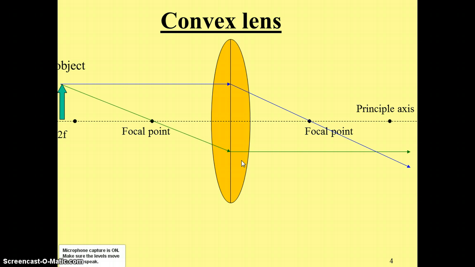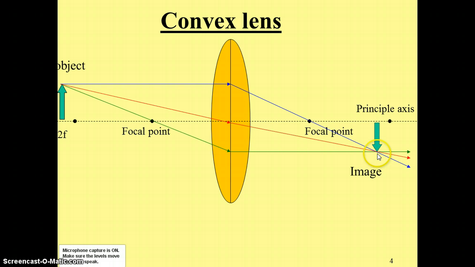Now with lenses, if you ever send a light ray at the very center of the lens, it will continue straight through. And notice that all three of these will meet at the same exact location, and we wind up getting an image that's inverted. And in this case, it is a real image because light does go from one side of the lens to the other.